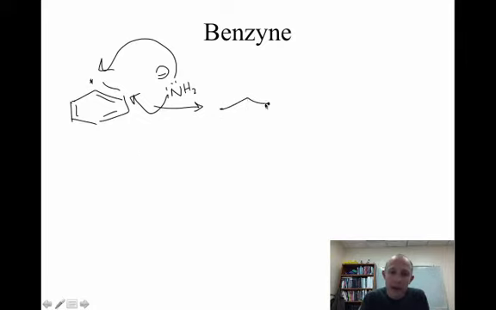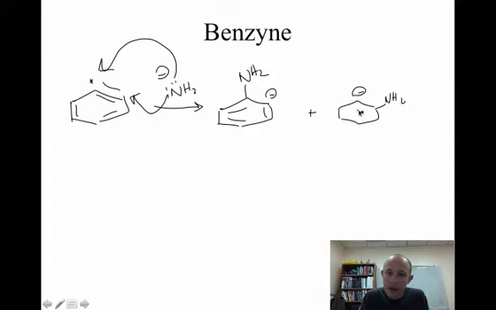So half the time we get NH2 here and a negative charge, and half the time we get NH2 here and a negative charge here, and then these can undergo proton transfer from ammonia, which was the solvent, to pick up that remaining hydrogen to form the product.